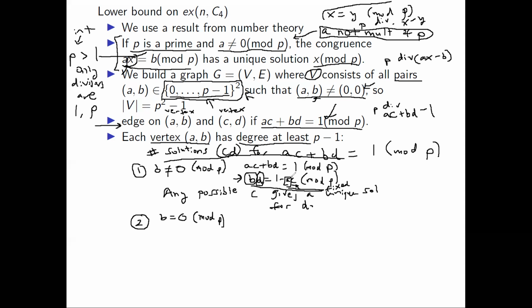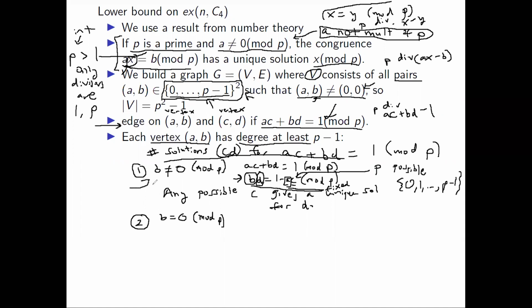And this C right here has a total of P possibilities. And those possibilities are 0, 1, up to P minus 1. So each possible C, we can put in this equation with the B and the A fixed.